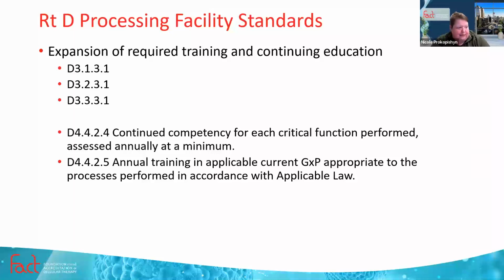As highlighted in D4.4.2.4, continued competency for each critical function performed, assessed annually at a minimum. So ensuring that your staff is competent on any of these critical functions that are being performed, especially important if procedures are only being done rarely, or you have a large number of procedures. You want to make sure that your staff is competent on all of those critical functions. Annual training, of course, in appropriate GXP to the process being performed in accordance with applicable law.